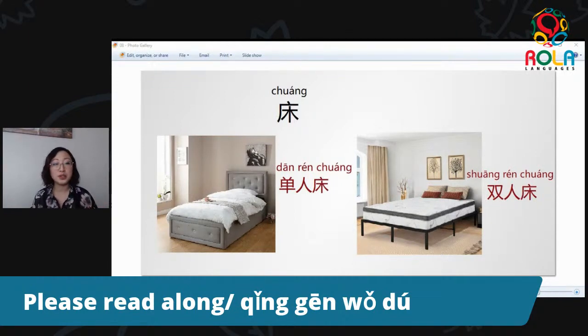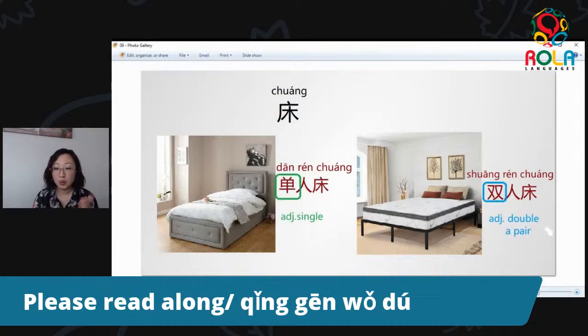If it is for one person, like the picture I found online that shows only one pillow, it's only big enough for one person, we call it 单人床. And if it's big enough for two people, like the other picture up there, we call it 双人床.